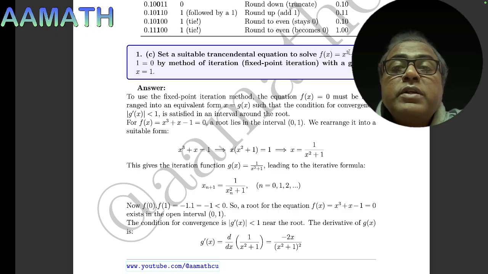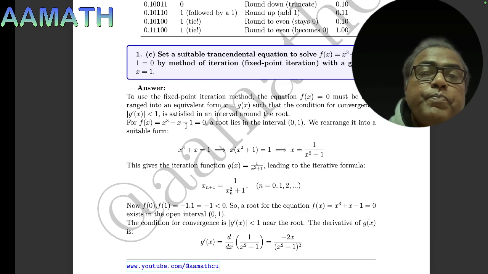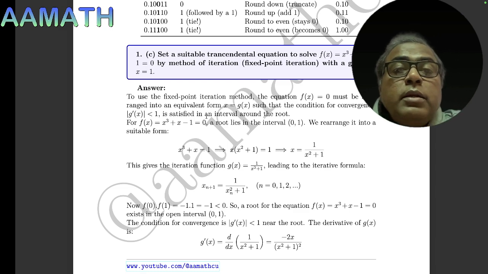First, we express f(x) in this form x equal to g(x), such that the condition for convergence, that is the modulus of g dash x is less than 1, is satisfied in an interval around the root. Here the initial root x equal to 1.